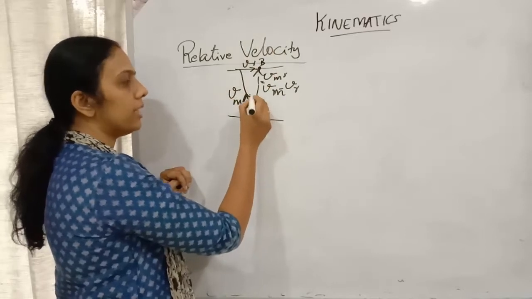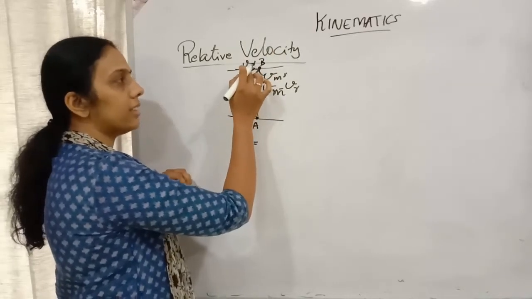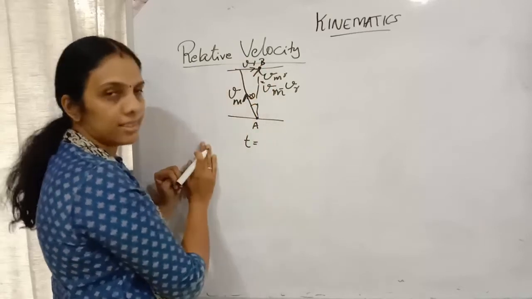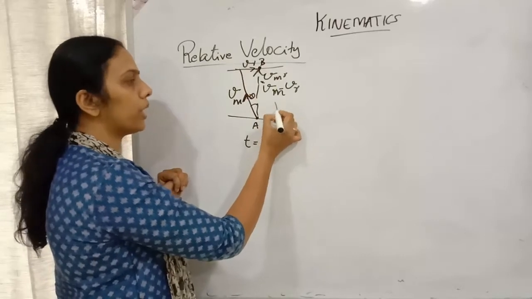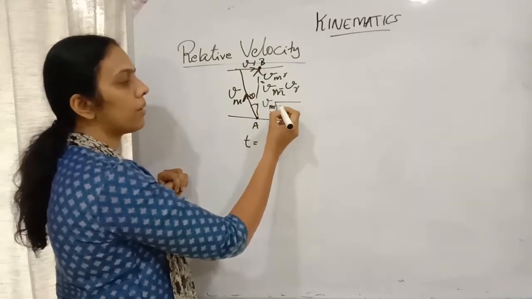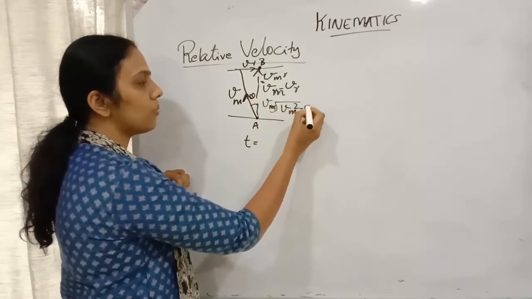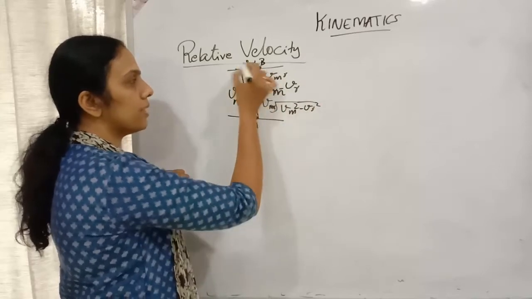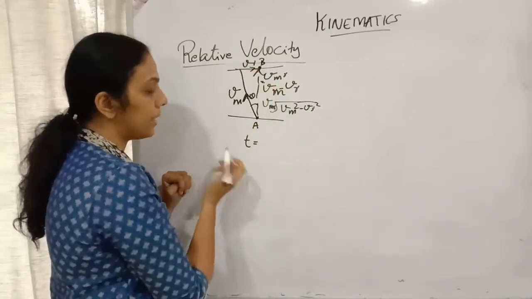If you need to find the value of theta, you can take sine theta, opposite side divided by hypotenuse. How can we find the relative velocity value? The relative velocity VMR will be equal to root of Vm square minus Vr square. This is a triangle, so hypotenuse square minus base square.